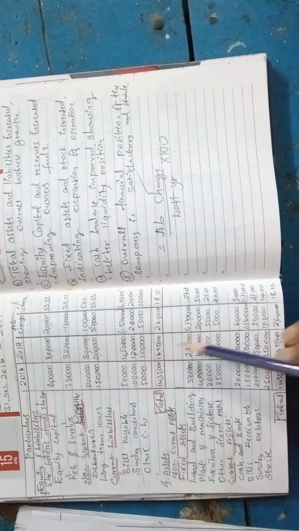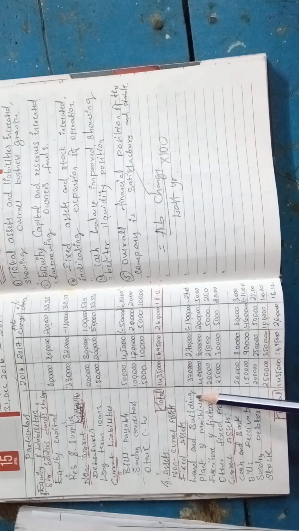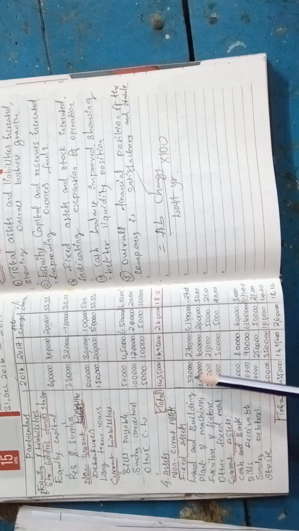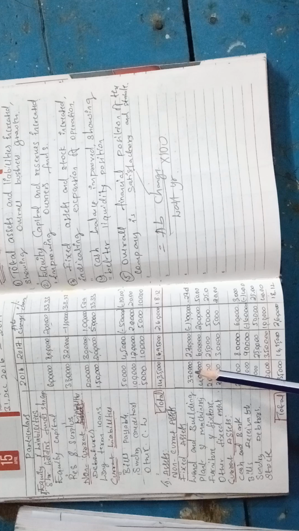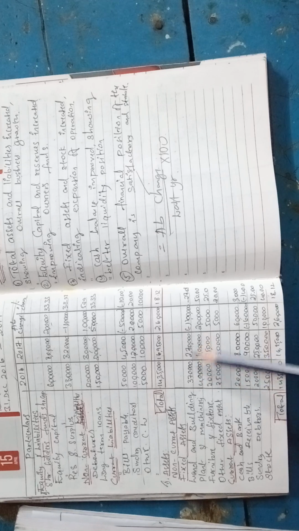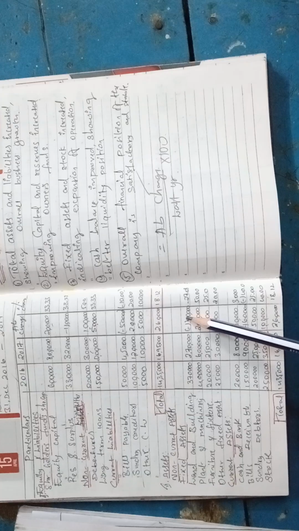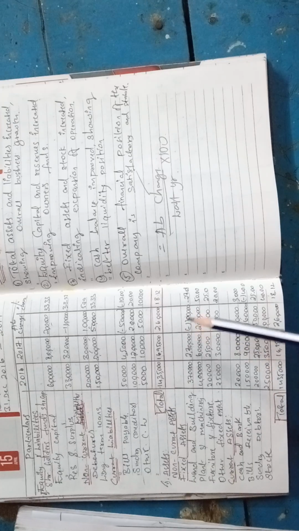For example, if you see here in 2017, land and building value is 2 lakhs 70,000. Previous year it is 3 lakhs 70,000. Means 2 lakhs 70,000 minus 3 lakhs 70,000 is minus 1 lakh. You will get the minus value here. Is that clear, dear friends?